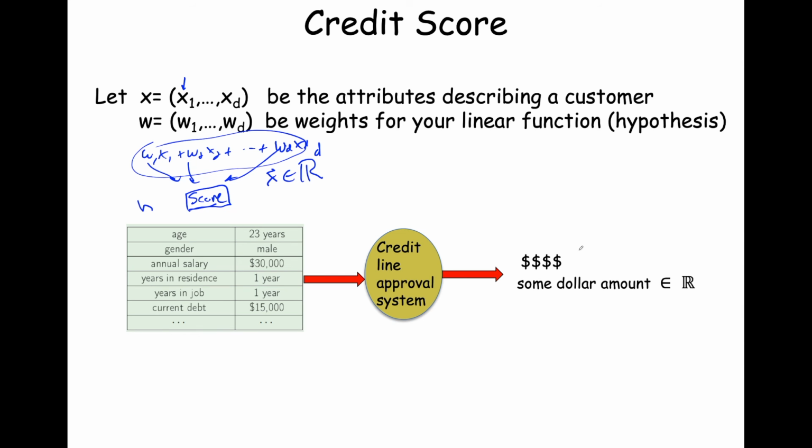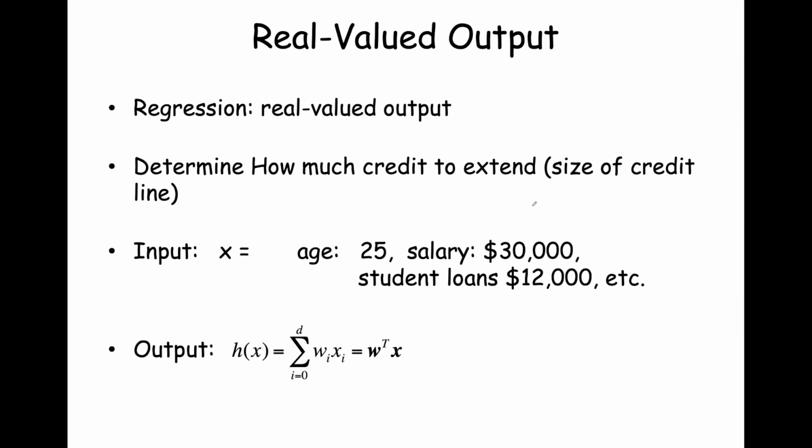So effectively what we're trying to predict is some dollar amount, where that dollar is that scalar from the set of real numbers. And we're trying to match that credit line amount, that dollar amount, assigned by the unknown ground truth target function. What makes it a regression problem is this real valued output.